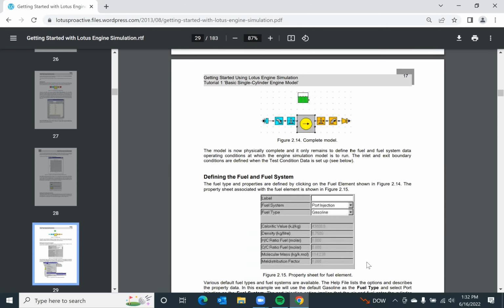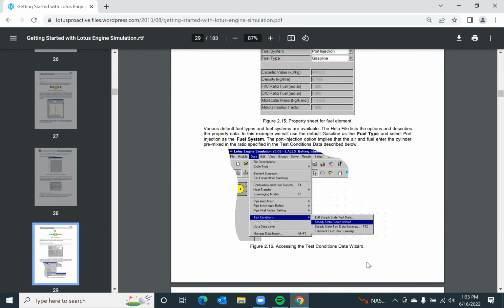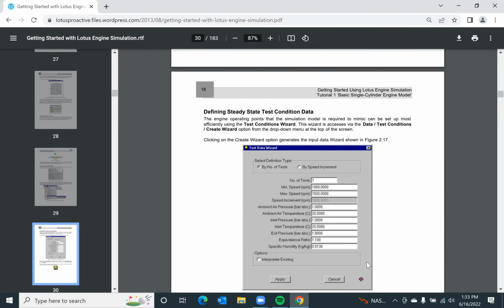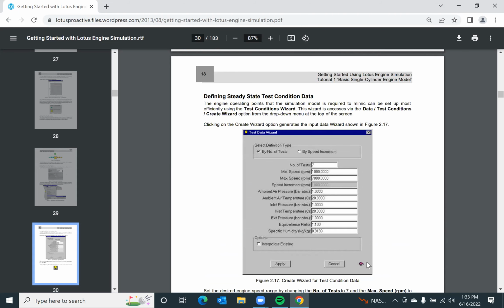So if you go down, you can decide whether the system is port injection, what type of fuel you are using, all that stuff. And then what you want to do is the engine. So whether you are designing a small engine or a big engine, you should have a decent idea at what RPMs you want your engine to operate.